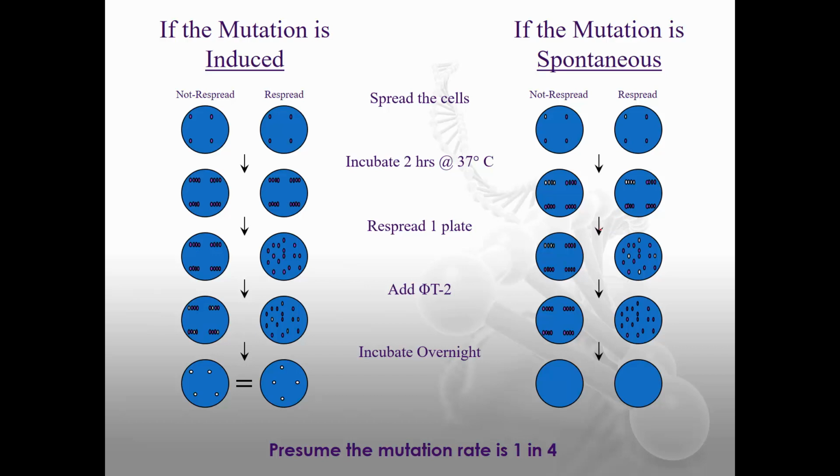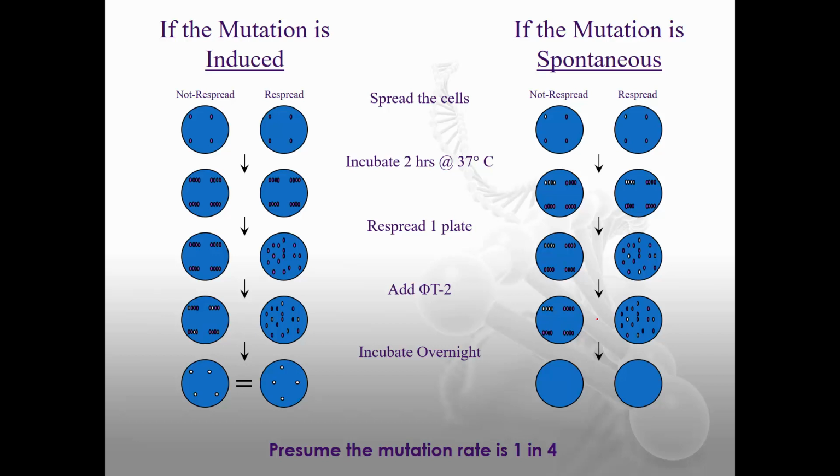And so we add T2. T2 is going to kill anything that isn't a mutant. And so that means these guys are going to die, and these guys are going to die, and all of these wild types are going to die. But 1, 2, 3, 4, these 4 cells aren't going to die. And this microcolony that came from that one cell, that isn't going to die.